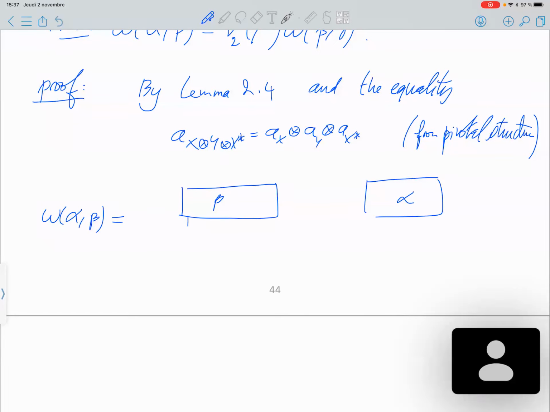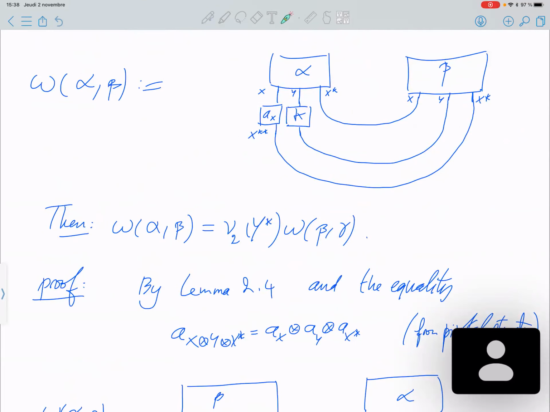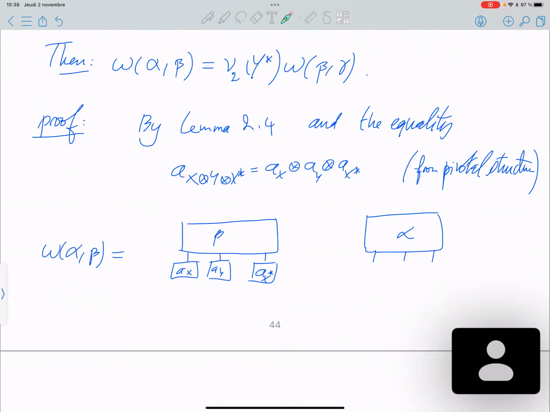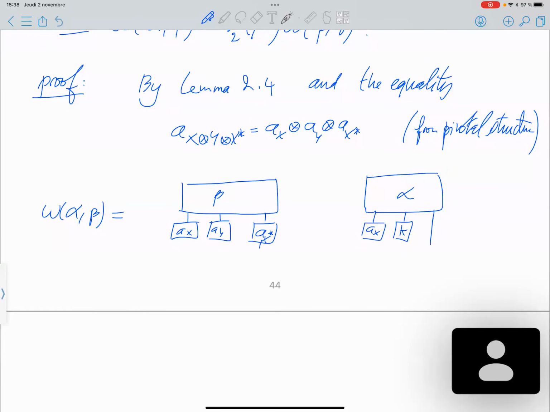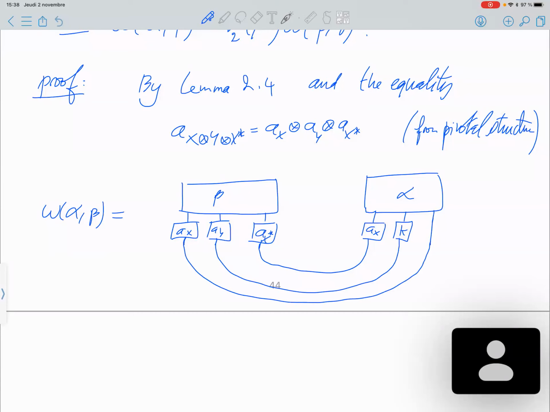You have the pivotal structure decomposed: AX, AY, AX star. And you have the big block, you can just rewrite it: AX kappa and identity. And so we just have that. So this is just Lemma 2.4 and pivotal structure.